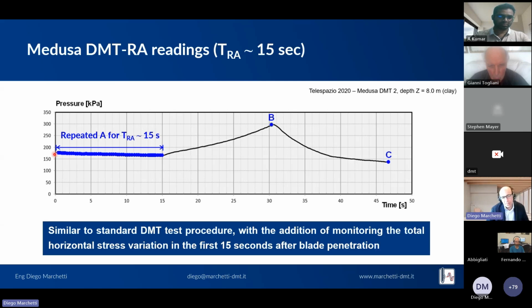Because we may see from the time 0 what is going on with the pressure instead of just having one point at 15 seconds. And we can see if the pressure is stable, like in sands where it's fully drained, or in clays where it's fully undrained. But what about in silts? We have a partial drainage that may be already observed in these first 15 seconds and before expanding to B.